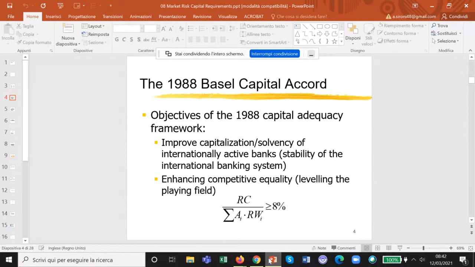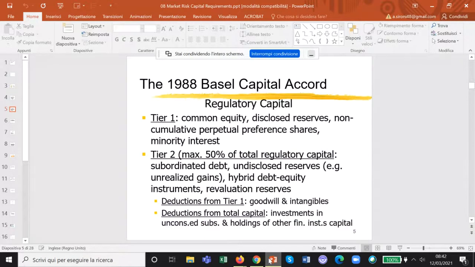The numerator was regulatory capital, and regulatory capital at that time had two components. The so-called Tier 1 capital, which was what we generally understand to be equity capital, like the equity of any other kind of company. So common equity, disclosed reserves, non-cumulative preference shares, and so on, okay?